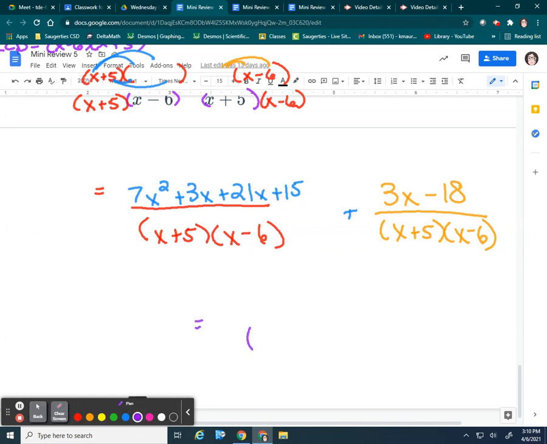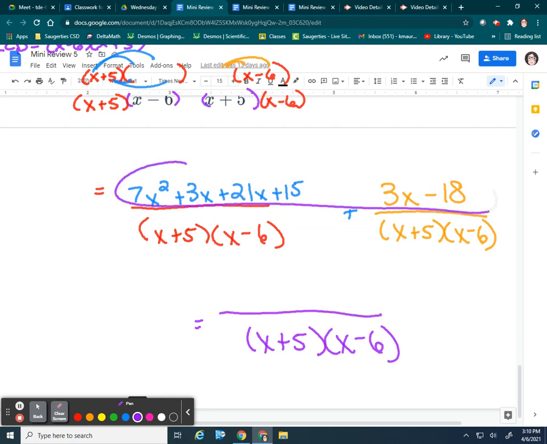So I'm going to write those down, x plus 5 times x minus 6. And I'm going to combine like terms. So what I'm doing is I'm looking at this whole numerator now. I have a 7x squared. 3x plus 3x is 6x. And then I have 15.